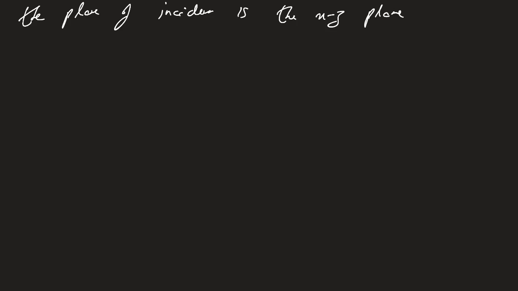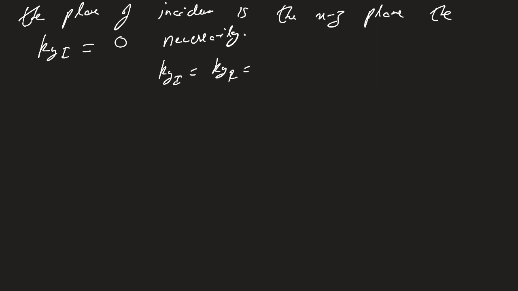This is just hypothetical, yeah. If the plane of incidence is the xz plane, then kyi is equal to 0 necessarily. There's nothing special about this. If we take another case, such that the plane of incidence is the yz plane, then kxi is necessarily 0. But if the plane of incidence is the xz plane, that also means that kyi is equal to kyr is equal to kyt is equal to 0.